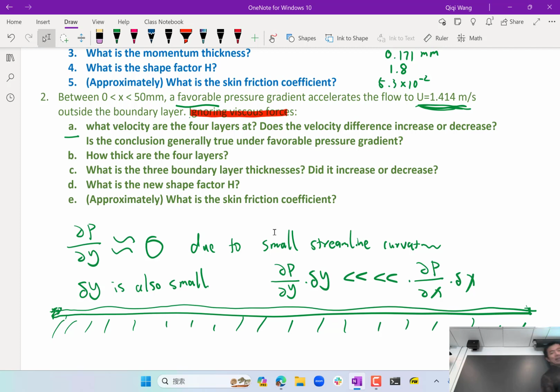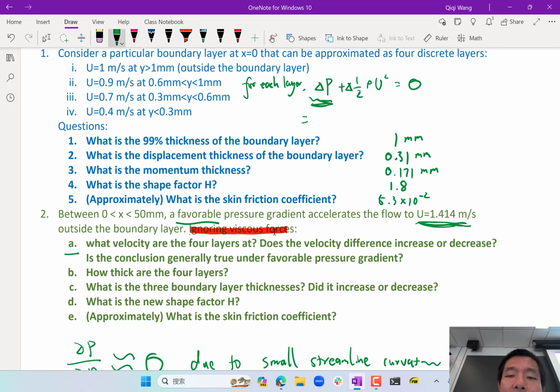So basically, you can think about the pressure as P0 across different layers, and P1 to be also the same across the different layers. But P0 is different from P1. Okay. So basically, delta P is equal to P1 minus P0, and is the same across layers.